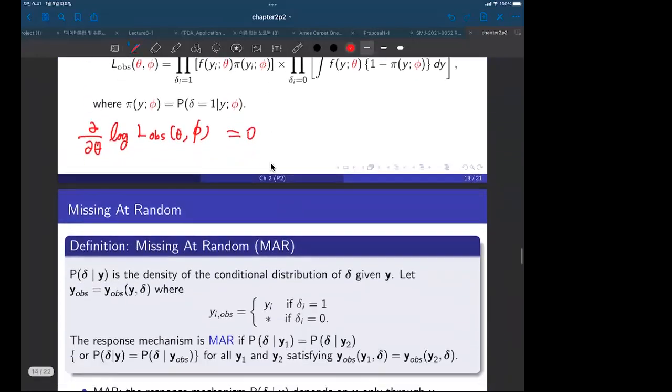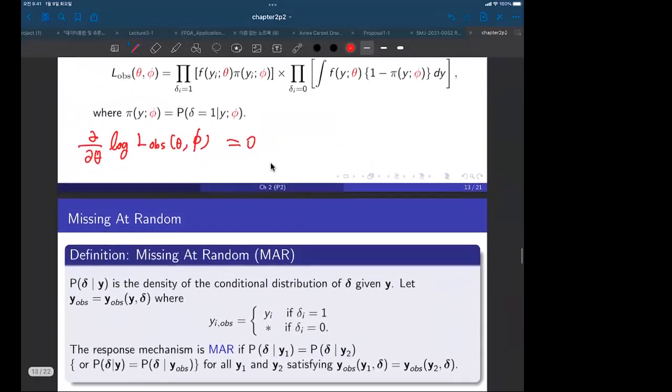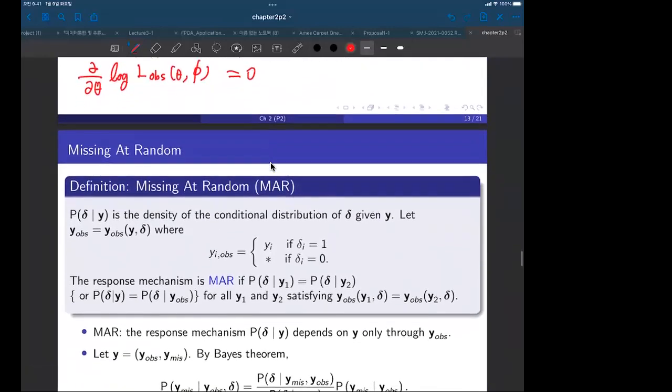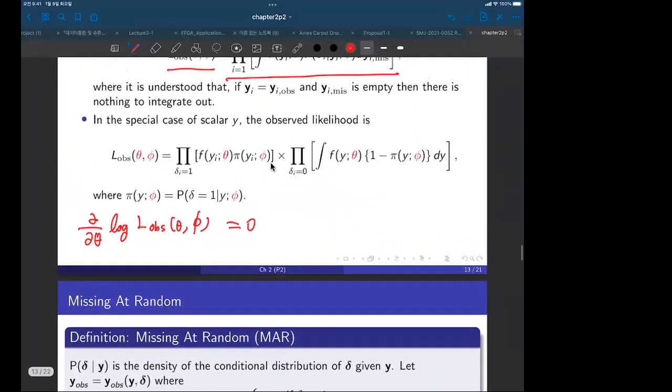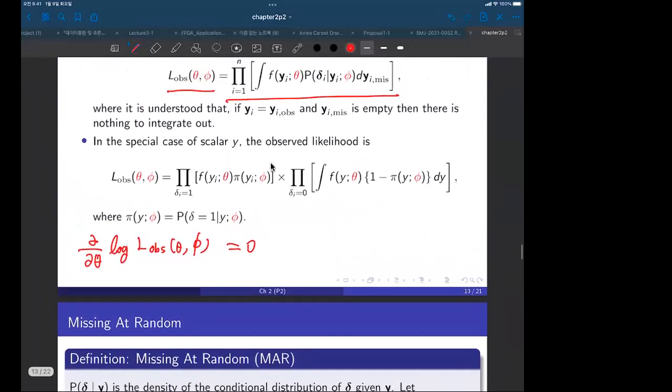So the question is, Rubin. Professor Donald Rubin was very interested in this kind of problem, and he came up with some idea. The motivation is: what is the minimum possible assumption that we need in order to solve this without worrying about phi? Because this is a function of zeta and phi.